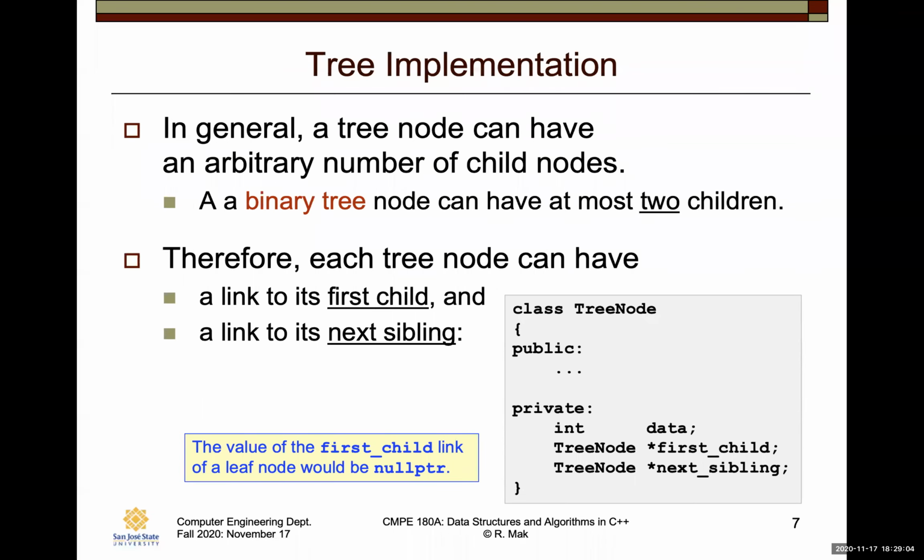But the way it's currently implemented, either here or with the vector, every node knows its children, but doesn't know its parent. And so in some applications, you may want to make sure that every node has a pointer back up to its parent. How you implement the tree really depends on the application and which implementation turns out to be most effective for your application.